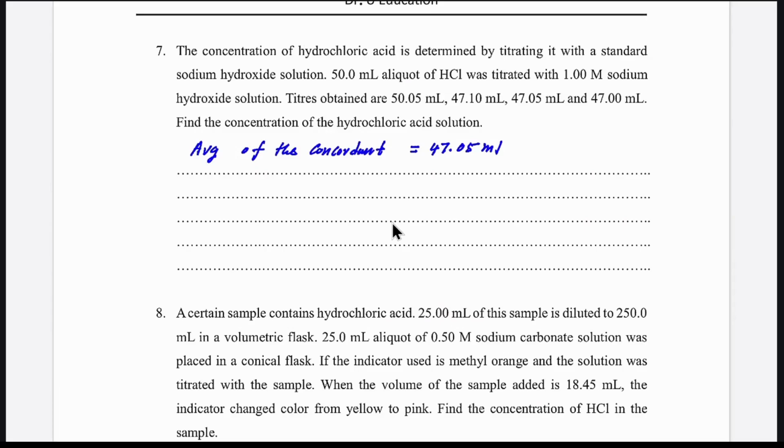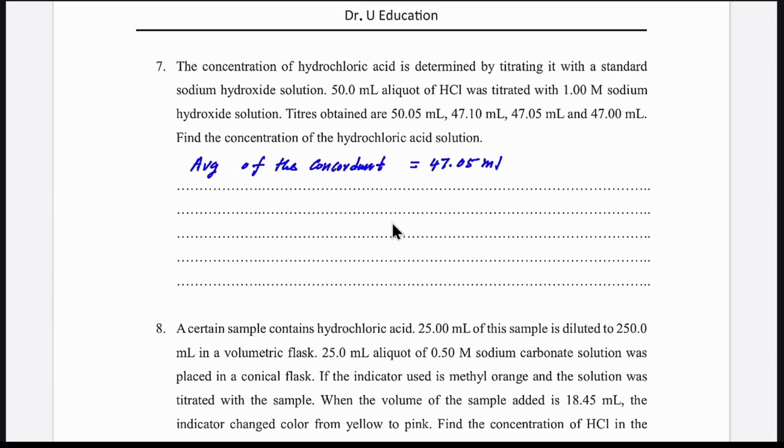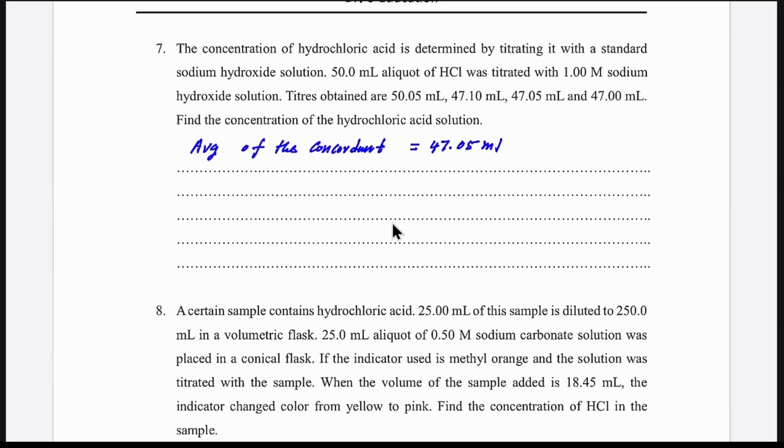I've made a mistake. The concentration of hydrochloric acid is determined by titrating with the standard sodium hydroxide. Okay, got to write the equation. So moles of sodium hydroxide, how much is that?